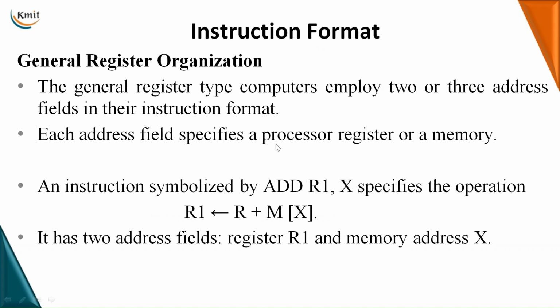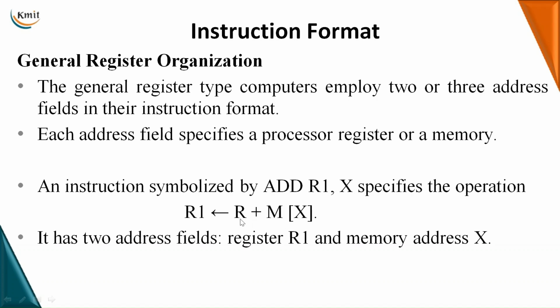Each address field can specify a processor register or a memory location. For example, if you see this instruction, ADD R1, X. What we are performing here is an addition operation on the contents of register R1, and X is nothing but the memory location, the address of the memory where the other operand is stored.